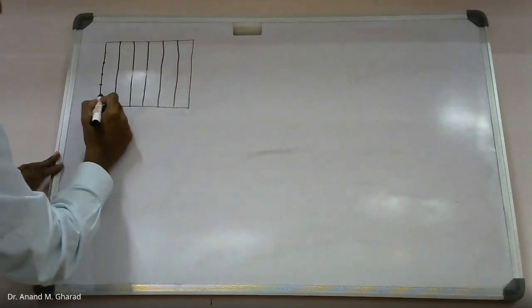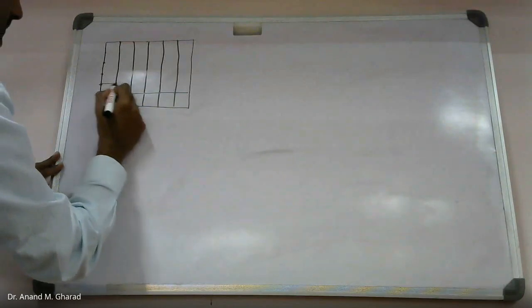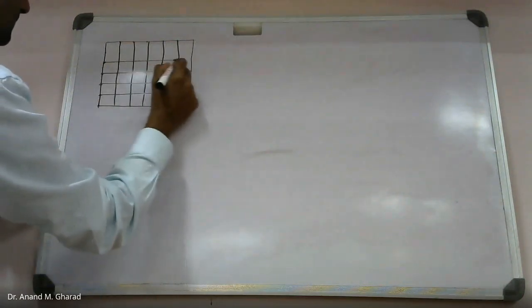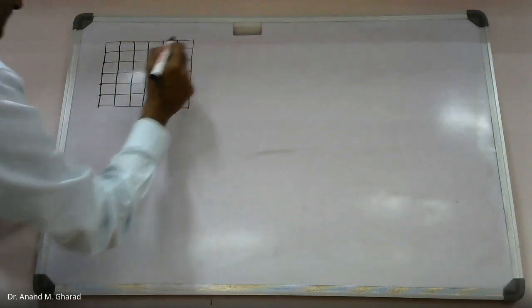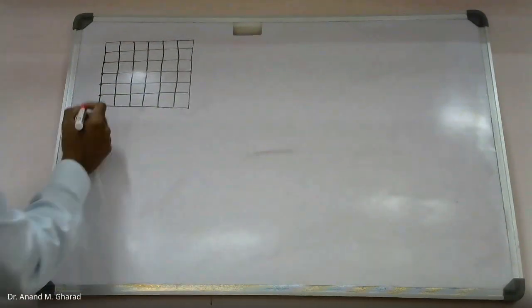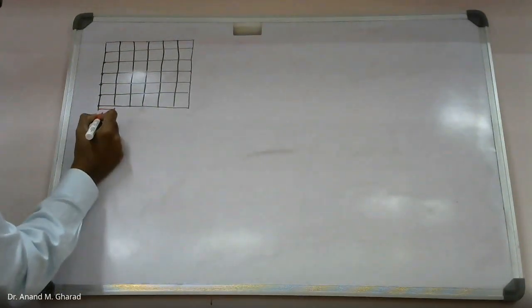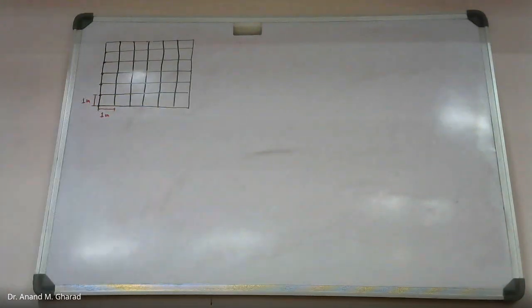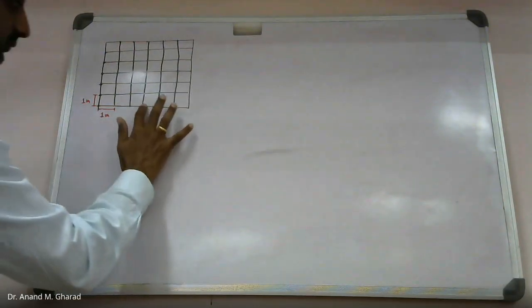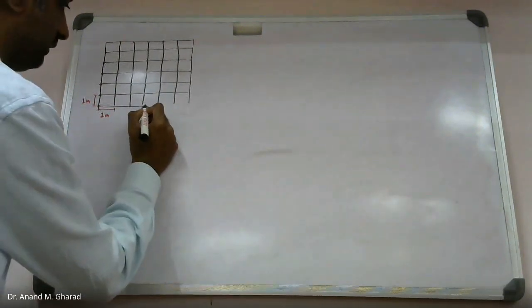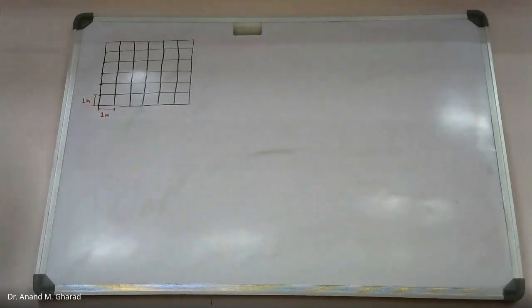The dimension of this grid is 1 meter by 1 meter.